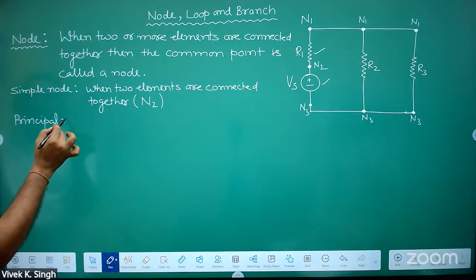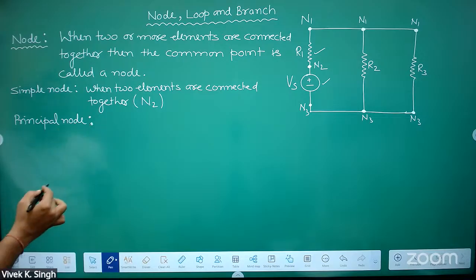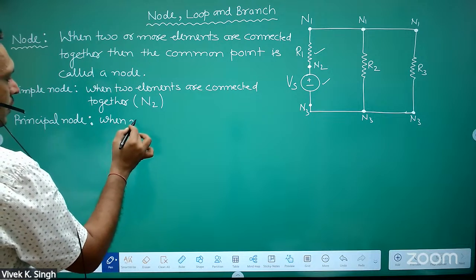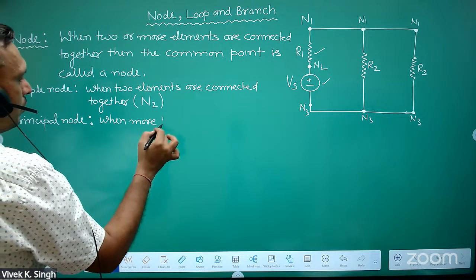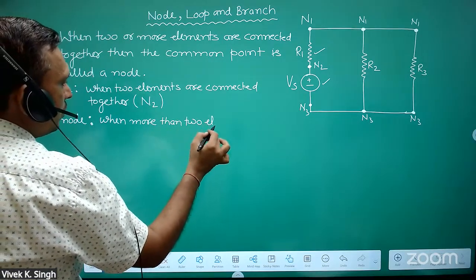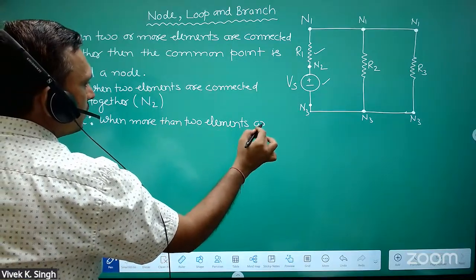Principal node. When more than two elements are connected together.